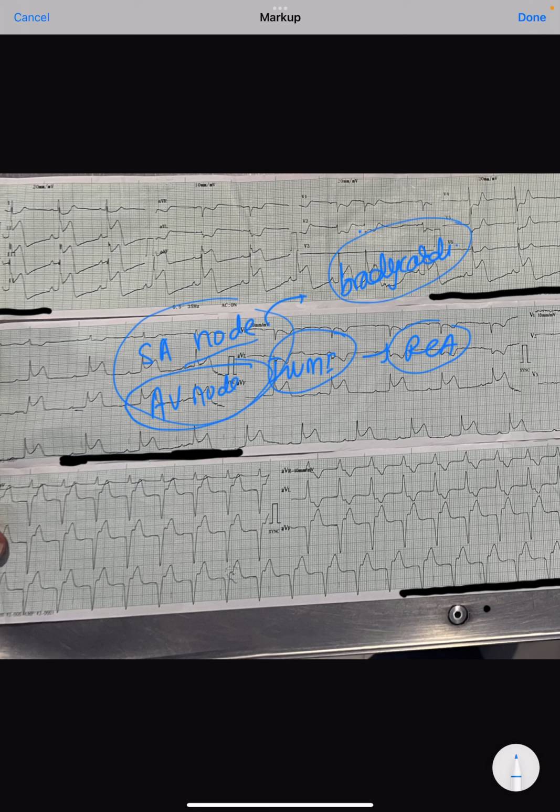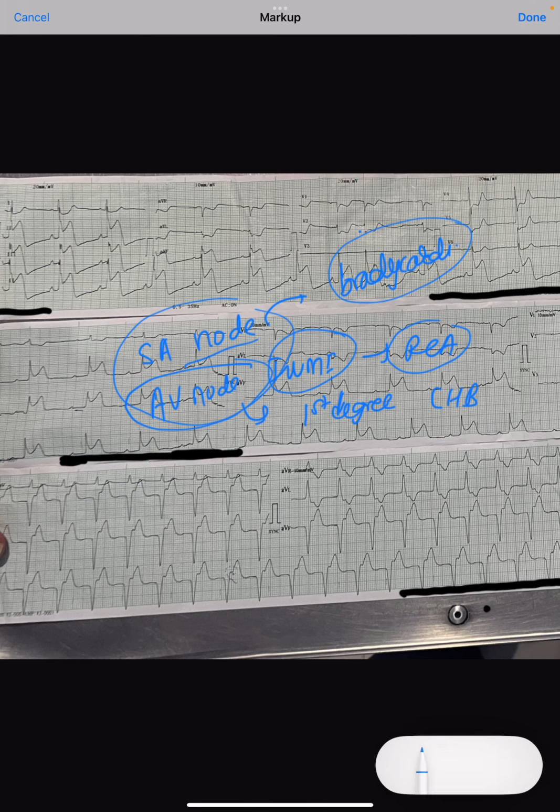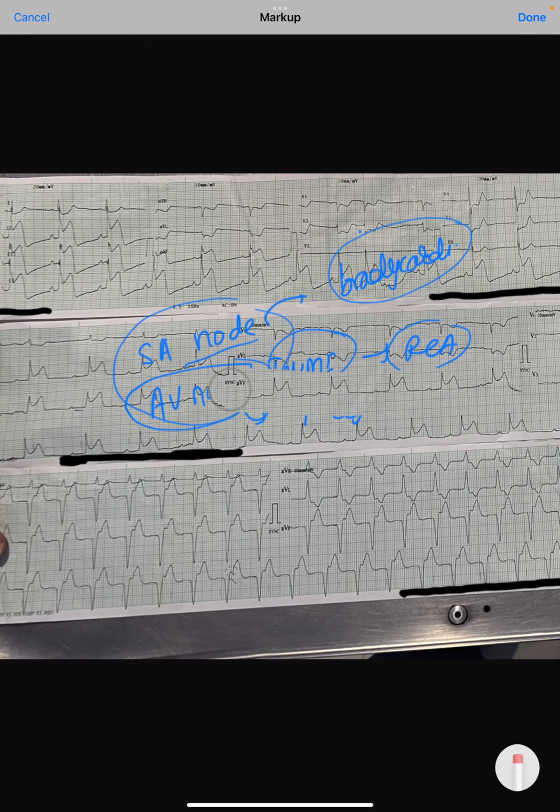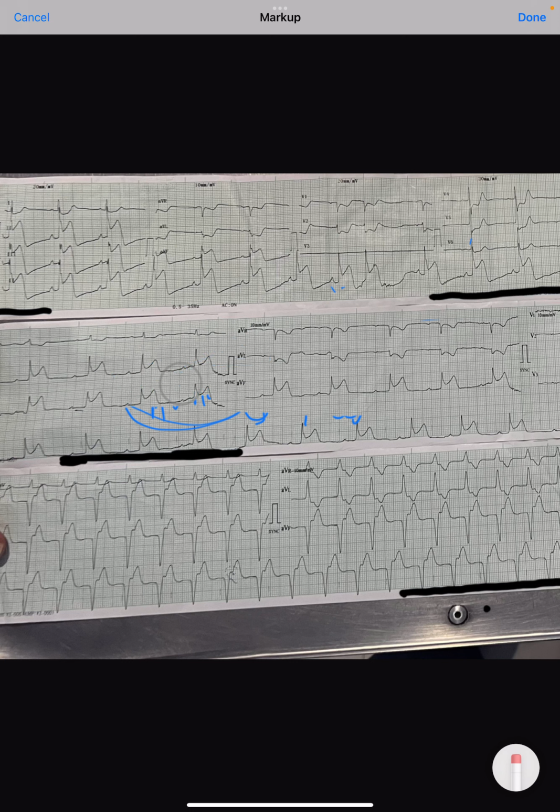Second thing, whenever there is AV nodal block, or AV nodal artery supply damage, it can very commonly cause first degree heart block, second degree heart block, or complete heart block. So patients presenting with MI and complete heart block is extremely common.